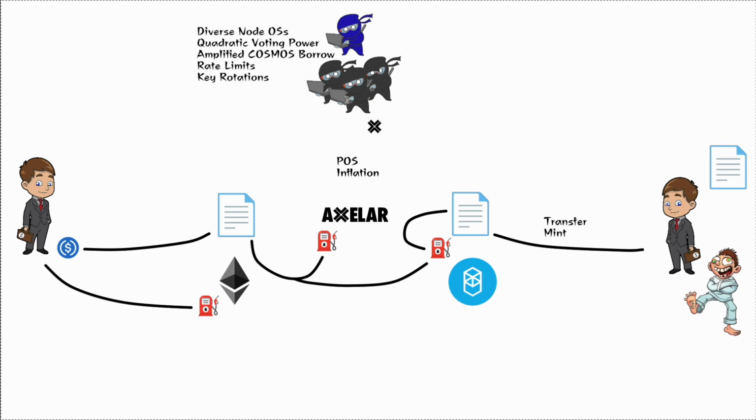Now, another thing that makes this blockchain special, there are some key features that set it apart from other proof-of-stake blockchains. The first one is they have diverse node operating systems. It doesn't explain very deeply, but basically these node operators can be quite diverse.